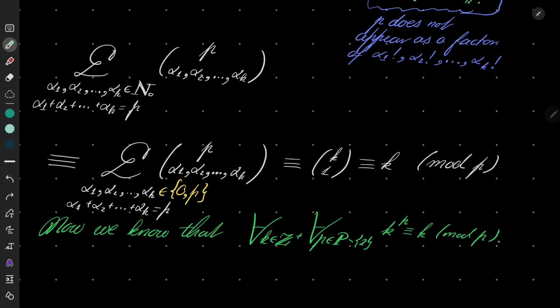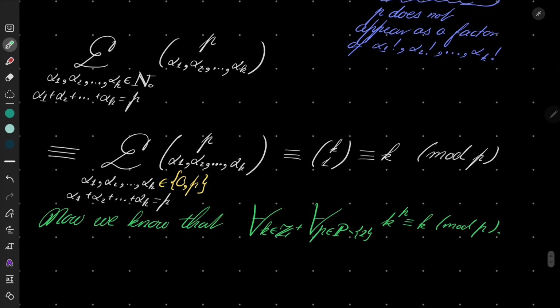And what about 0, and what about the negative case? Well, if k equals 0, then obviously k to the power of p is just 0, it's just k. So our congruence does hold as well.